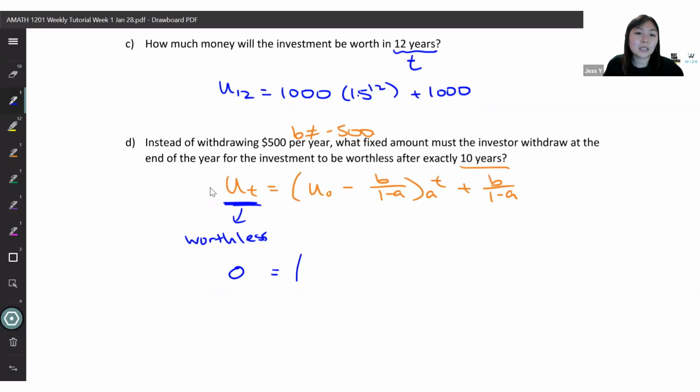The initial investment didn't change. The initial investment was, what was it? 2,000? Minus, we don't know what B is, so we're going to leave it as a B. A doesn't change. The rate is still, it's increasing by 50% every year.